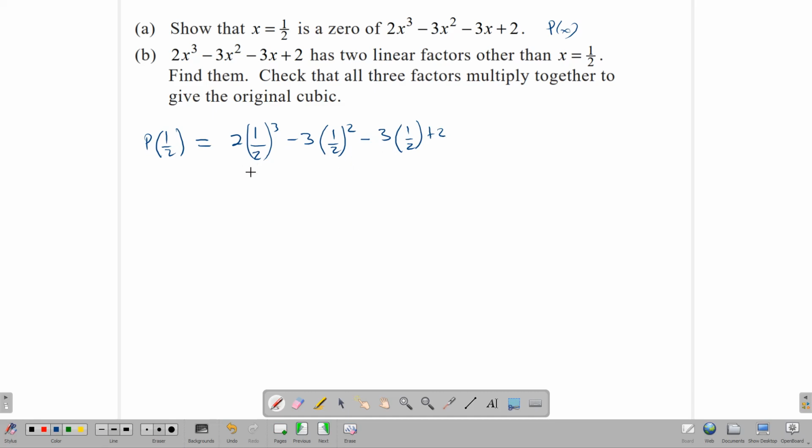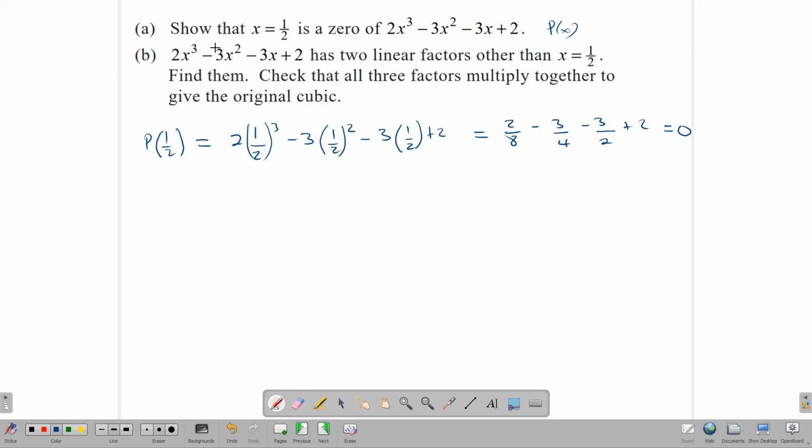This works out to be equal to 2 over 8 minus 3 over 4. This is 1 over 4 minus 3 over 2 plus 2. And as you realize, this is a quarter. And once you add up all of these, you'll realize that you're going to get 0.